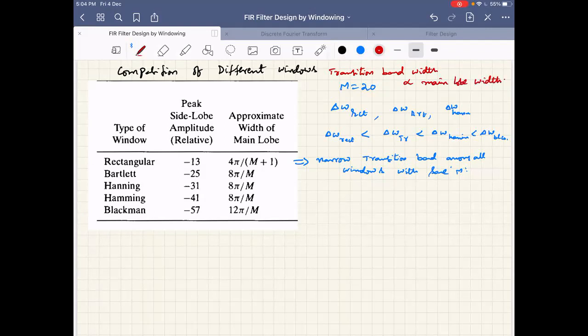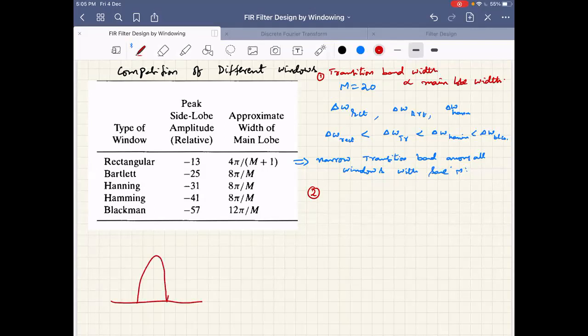This is one point. The other important point to note here is the relative peak of the side lobe with respect to the main lobe.